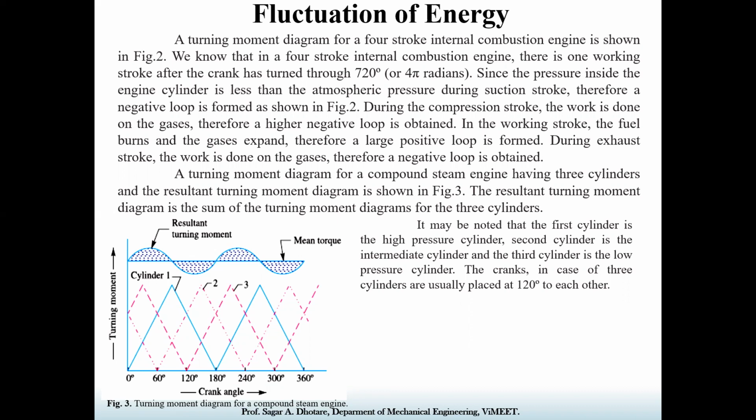A turning moment diagram for the compound steam engine is shown in figure number 3, with 3 cylinders, where the mean line and the resultant moments are shown. The resultant turning moment diagram is the sum of the turning moment diagrams of all 3 cylinders.